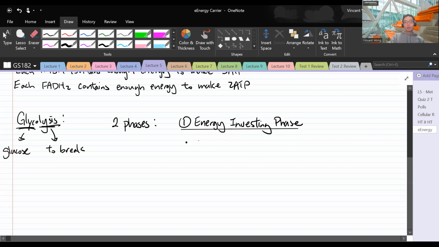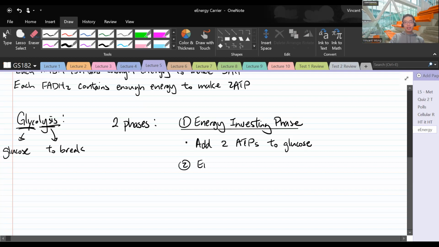And to do that, we will be adding 2 ATP to glucose. So this again energizes the molecule. It's more likely to react. That's the key purpose of the energy investing phase.